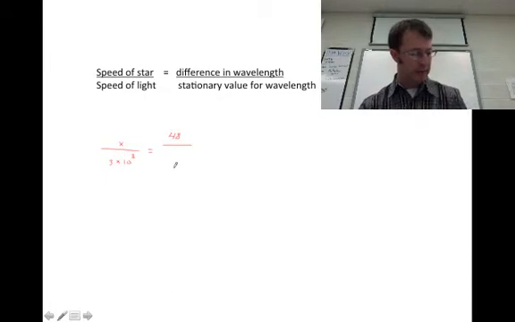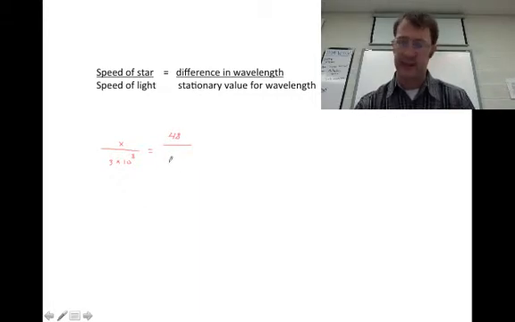So read the problem carefully. It says one of the lines for hydrogen has shifted from 450 to 498 nanometers. So it started off being stationary at 450 nanometers and has shifted to a longer wavelength. So that's our stationary value, 450.